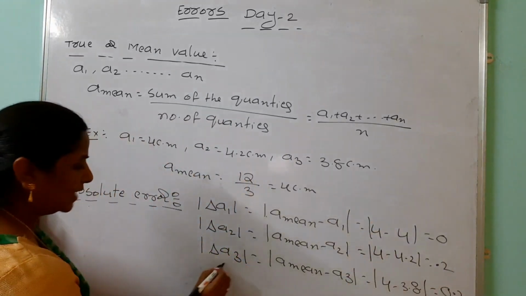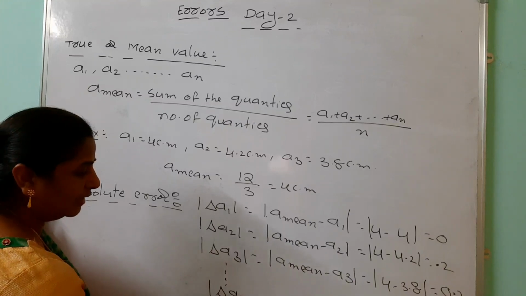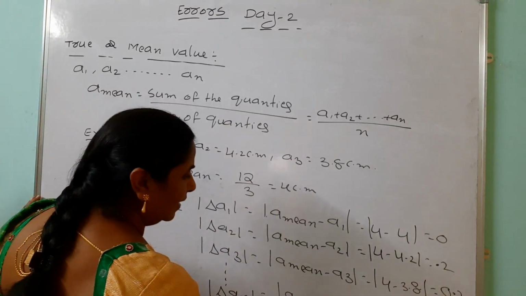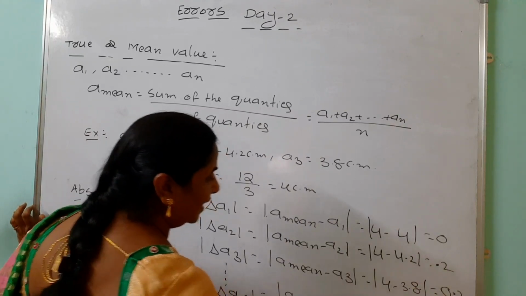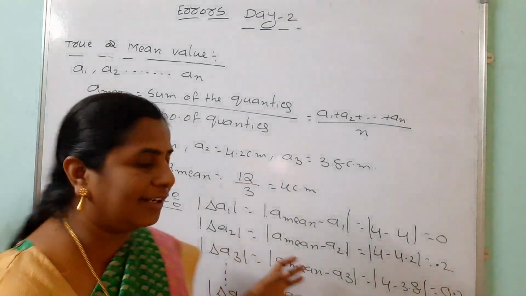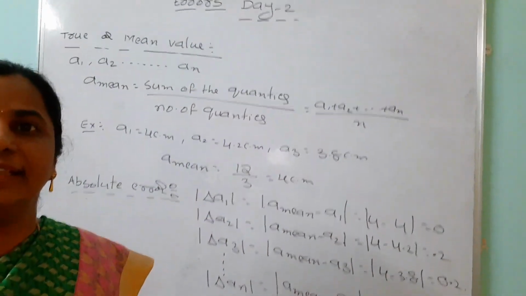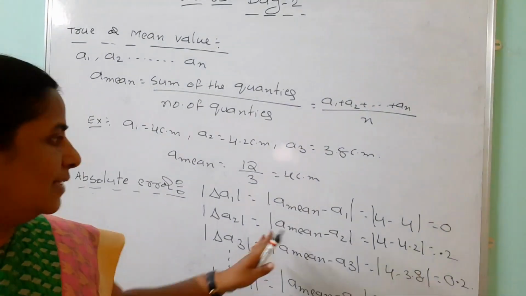So suppose n number of readings are there: delta An equals A mean minus An. Like that, individually we can find out the absolute error in A1, A2, A3.